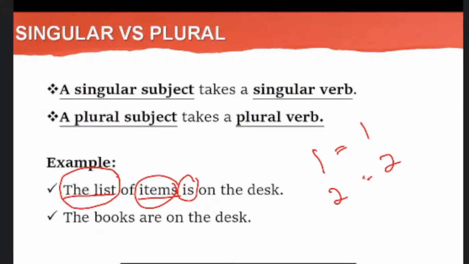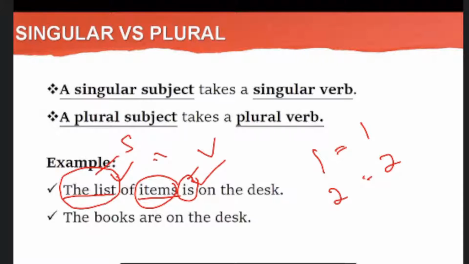It focuses on the list. If you notice, there is only one list. So that's why we use is. This will be the subject and this will be the verb. So the amount of the subject agrees with the verb. One subject, we use a singular verb, which is is.